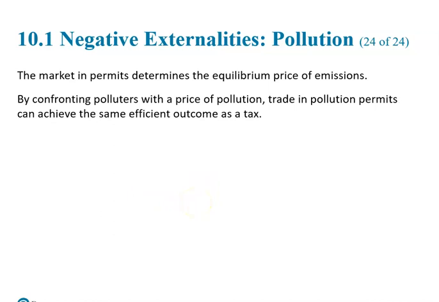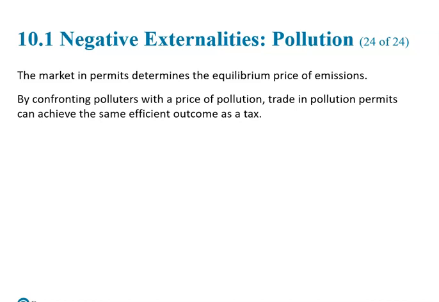So the market in permits determines the equilibrium price of emissions. It all depends on how much everyone wants to pollute as a byproduct of production, and that will basically determine the price of emissions, because the price of the trade permit will go up and down based on how much producers want to pollute, how much those trade permits are wanted or in demand by the producers.